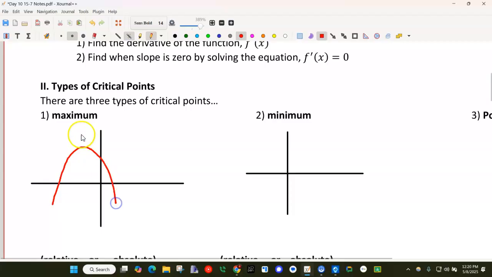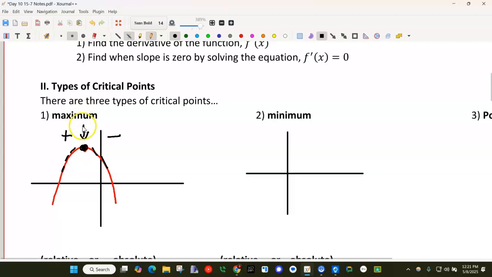If we have something like this, of course, the point at the top is called the maximum, right? That's when you go from positive or increasing slopes to the left, and then to the right it goes to negative. So when we were doing the plus minuses yesterday, anytime it went from a plus to a minus, that was always a maximum. And we're going to start calling it that.